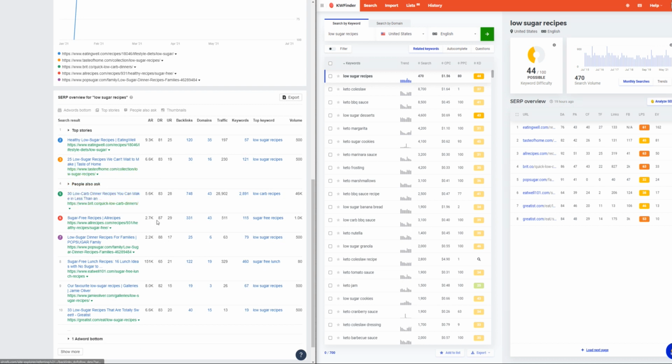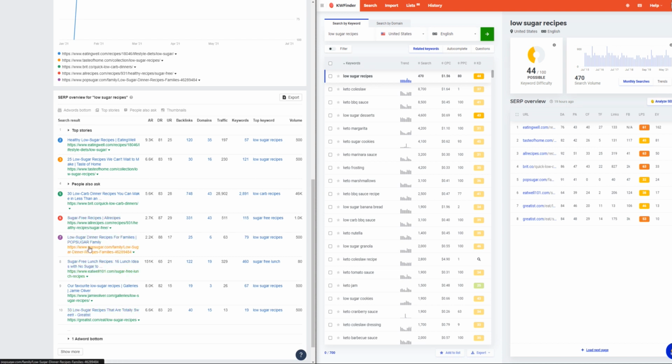I do have to say I like how AHRefs shows you everything that will be in the SERPs. So it's showing you that there will be a People Also Ask widget, which isn't on KWFinder. That's really impressive. Sugar-free recipes.